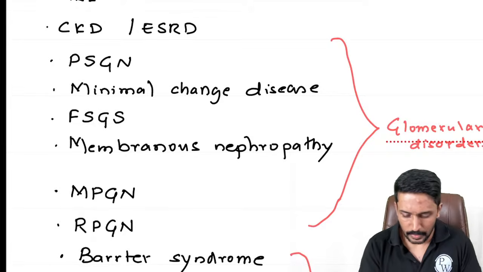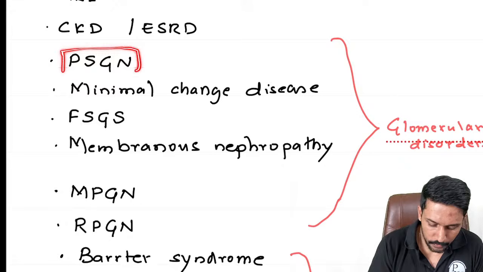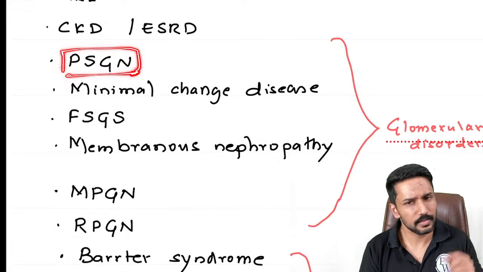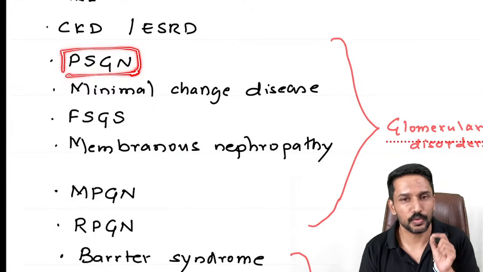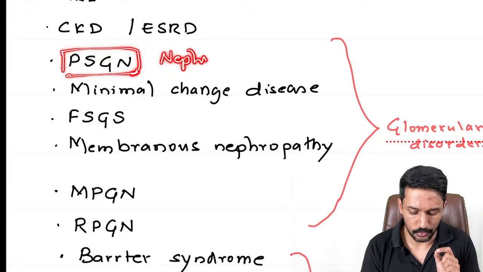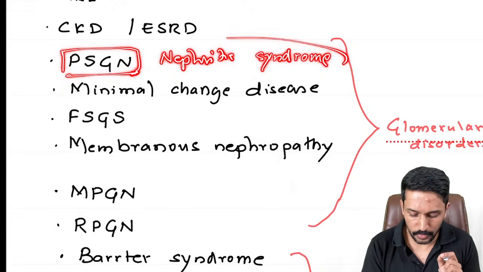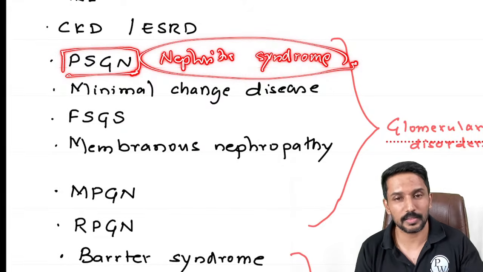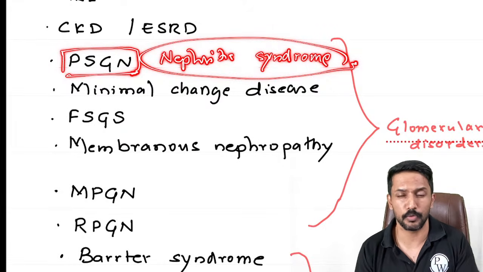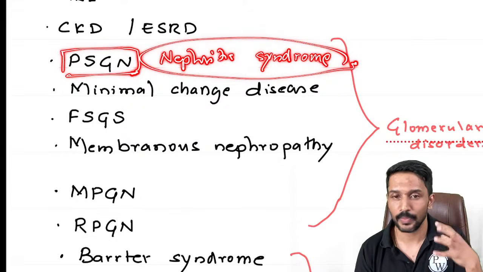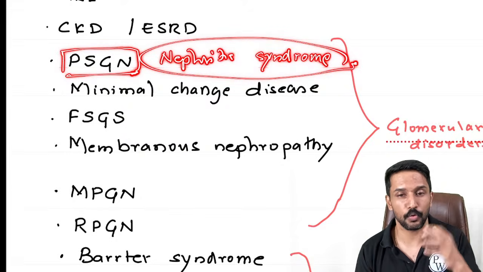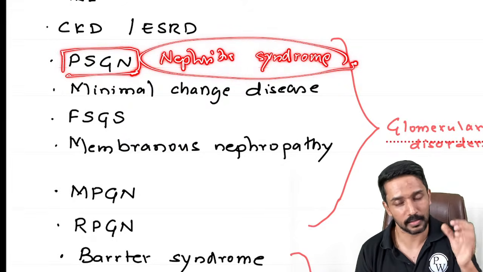For example, post-streptococcal glomerulonephritis. This is a glomerular disorder. This usually presents as nephritic syndrome. So should I think of post-streptococcal glomerulonephritis in a patient who presented with hypoalbuminemia, generalized anasarca, dyslipidemia, and urine protein of 3.5 grams or higher per day?